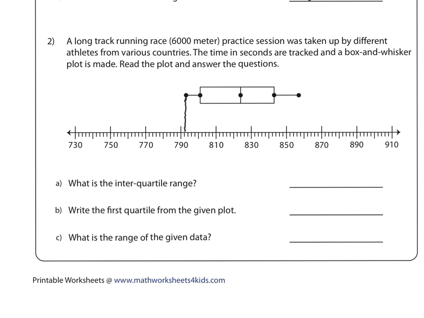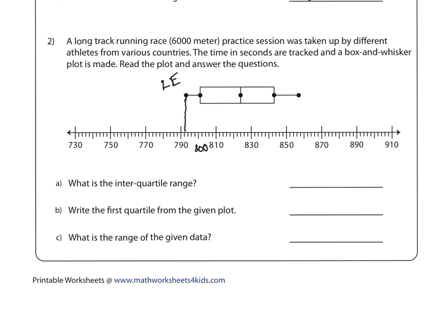And it looks like our lower extreme, and I'm just going to put LE, is right at 790. Now we got to figure out our tick marks. So it looks like the longer tick mark halfway in between 790 and 810 is 800. So each line is counting by twos. Okay, 2, 4, 6, 8, 10, that gives me 800.